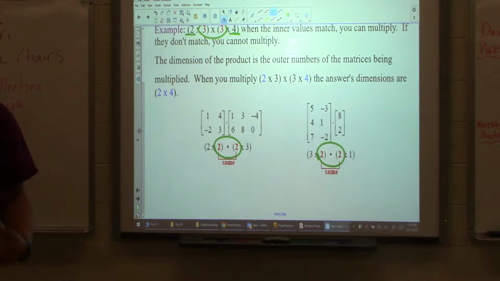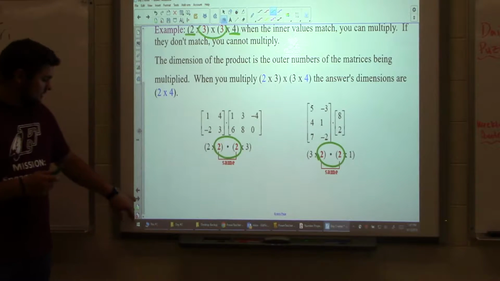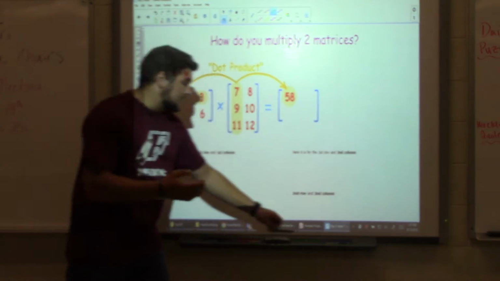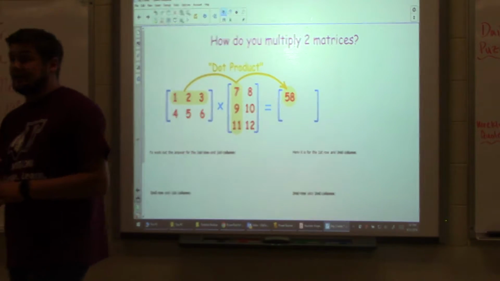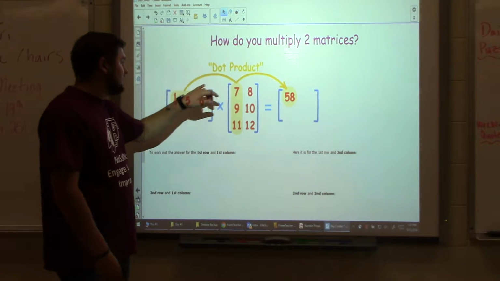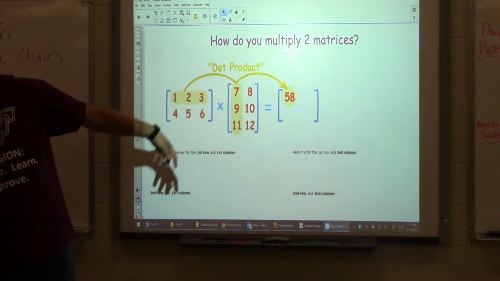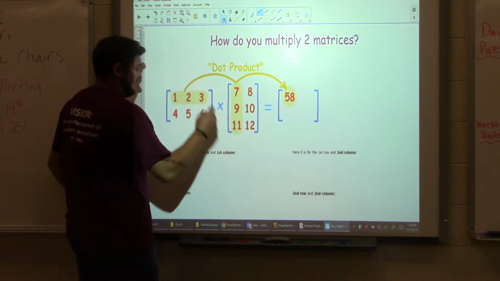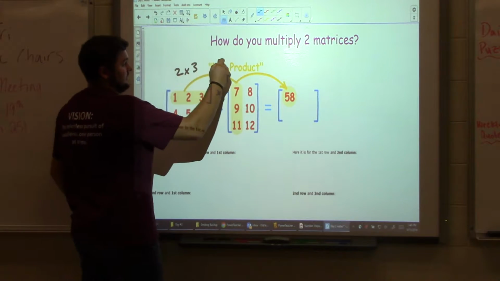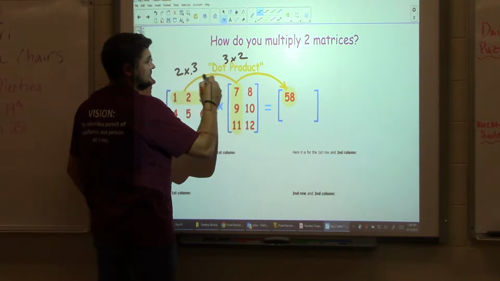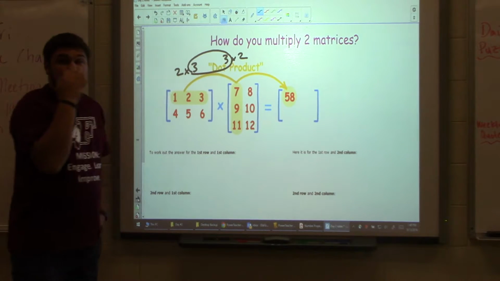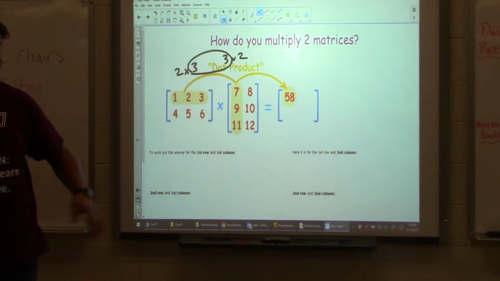A little bit? Alright. Now, actually multiplying the 2 matrices is totally different than adding them. We are not just going to multiply 1 times 7, 2 times 8, because obviously they don't match up. Look at those 2 matrices: I have a 2 by 3 and a 3 by 2. My middle numbers match, but I can't just multiply across.